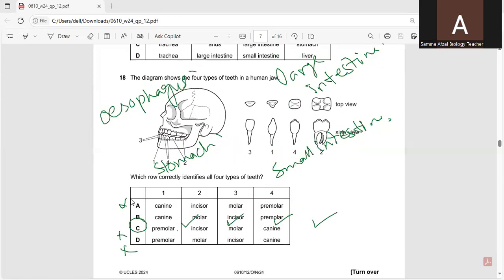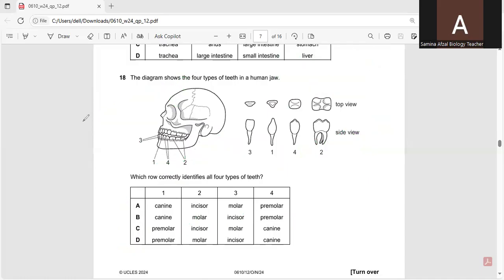Question number 18. The diagram shows the 4 types of teeth in a human jaw. So which row correctly identifies all 4 types of teeth?